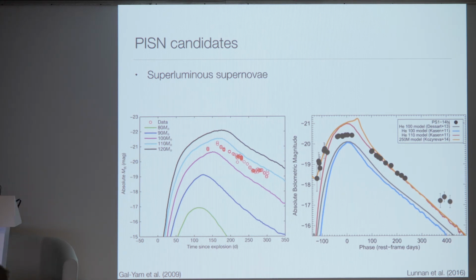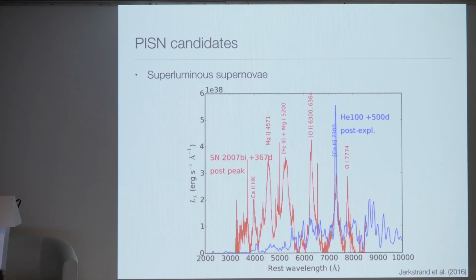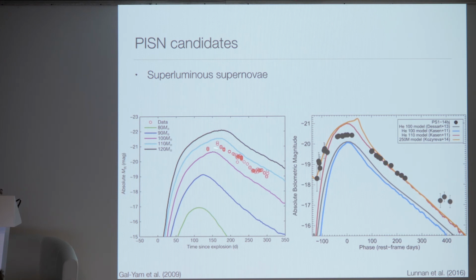And from the light curve perspective, there are several candidates which become as bright as what pair-instability supernova models predict. But serious issues in superluminous supernovae, when we compare observation and models, appear when we look at spectra. This red one is an example of an observed spectrum at about 367 days after the peak for one particular bright example.